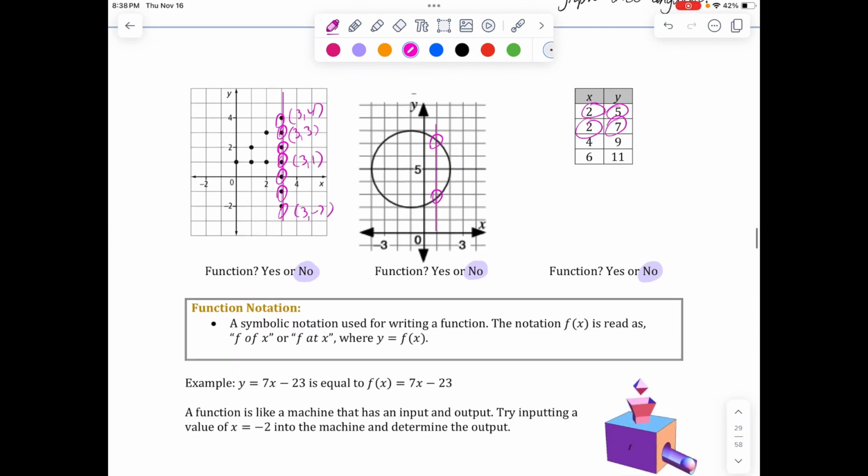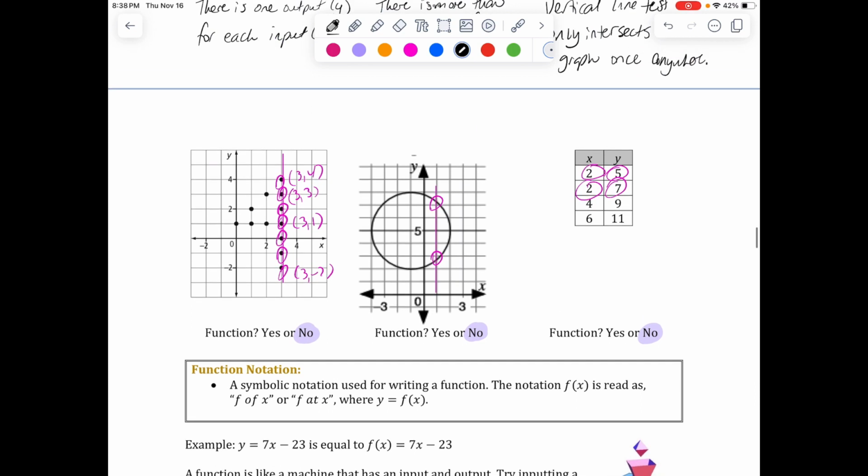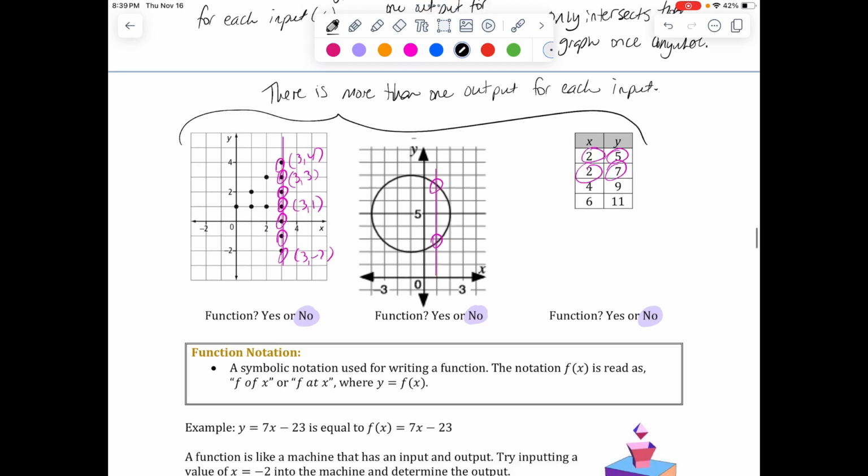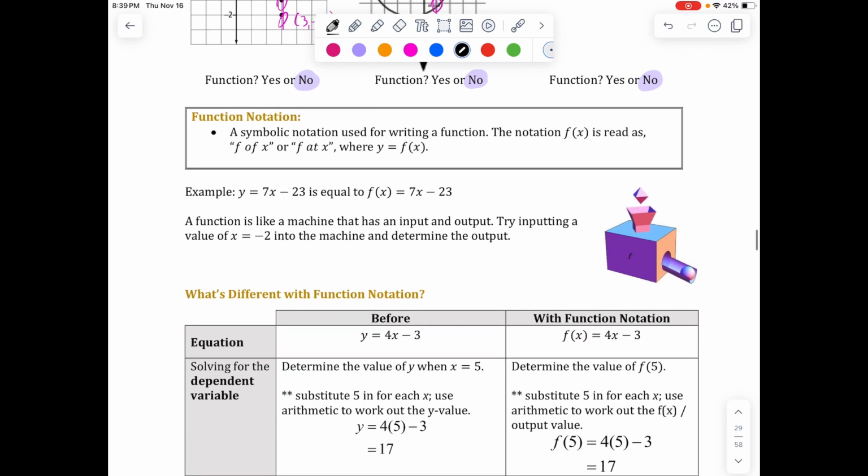Okay, so for all of these, we could say there is more than 1 output for each input. Okay, so that's kind of the first part of this lesson.